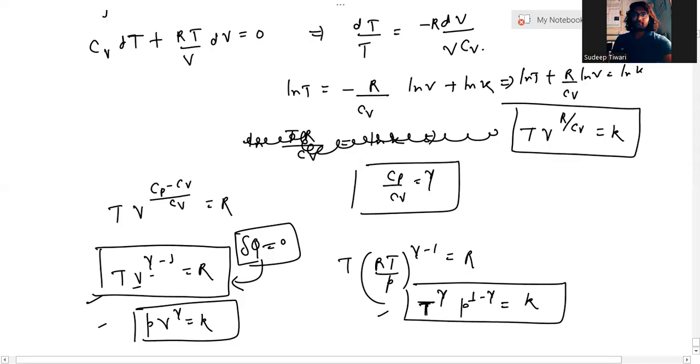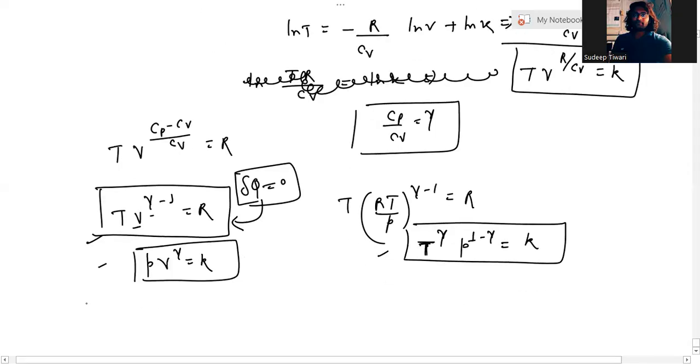While we derived it, we were talking of quasi-static adiabatic processes, that is, between initial and final state, all the states are almost close to equilibrium states only. We have used an equation of state for ideal gas, that is PV equal to nRT, or PV equal to RT here, because we have used the number of moles equal to 1.